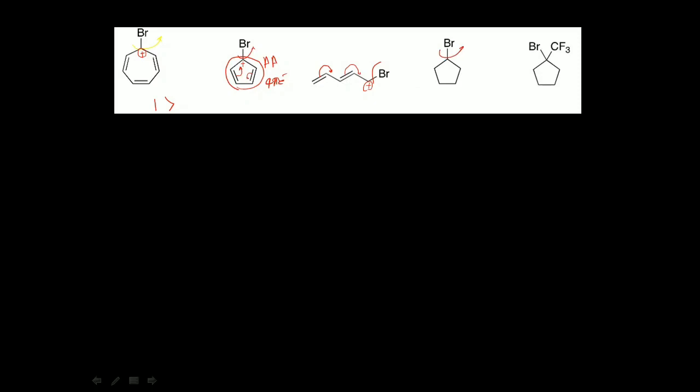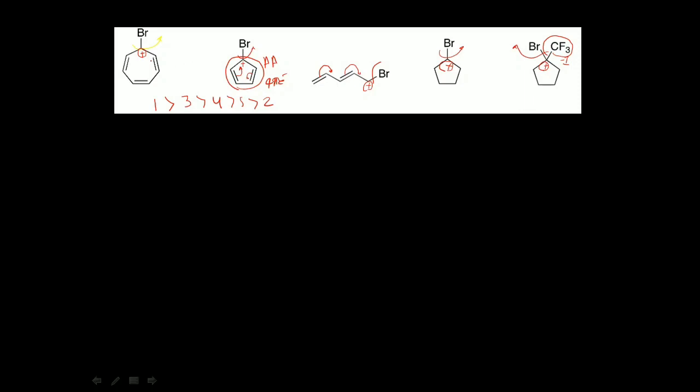Next, the Br leaving gives a carbocation, but this carbocation is destabilized by the minus I effect of CF3. So finally the second is more reactive, then the third, then the fourth, then the fifth, and the anti-aromatic species is the least reactive. So finally aromatic cations are more stable.